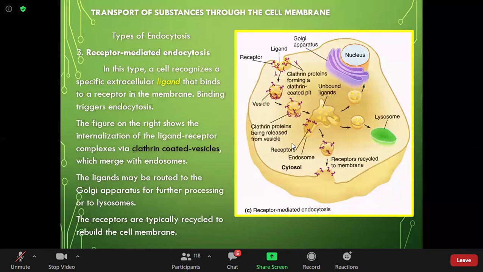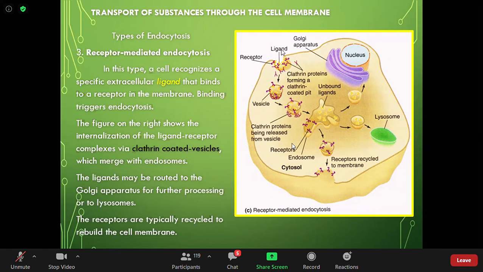Receptor-mediated endocytosis. In this type, the cell recognizes a specific extracellular ligand, a chemical that binds to a receptor. It could be a hormone or chemical that binds to a receptor in the membrane. In the membrane, there is a receptor, and it is clathrin coated because it has receptors.